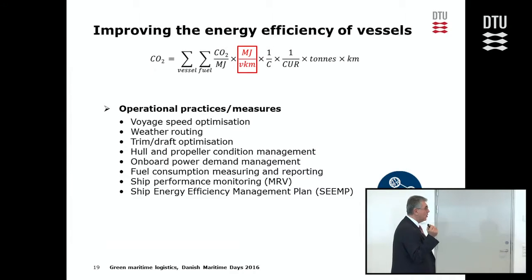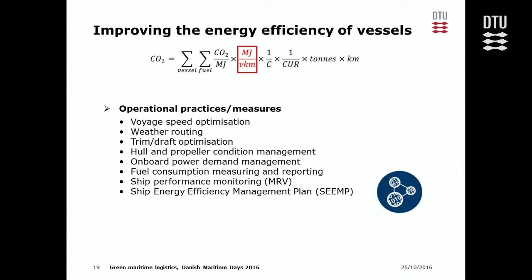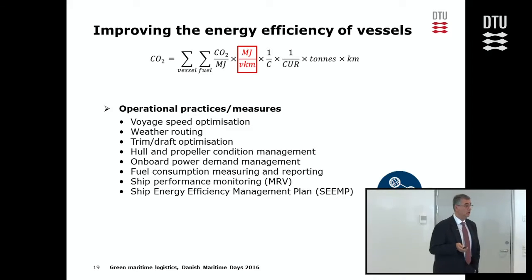And what can be more important is operational measures, and we have heard quite a few of them since this morning. Voyage speed optimization, basically we're talking about slow steaming or virtual arrival or schemes like that.